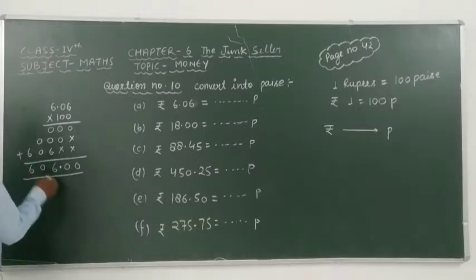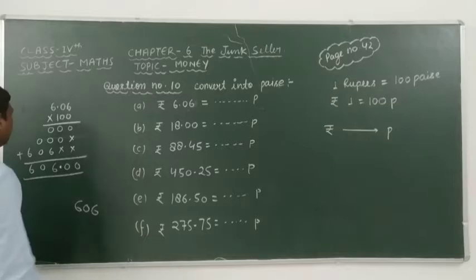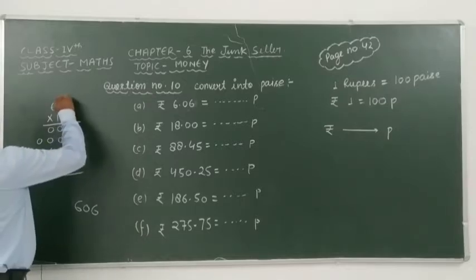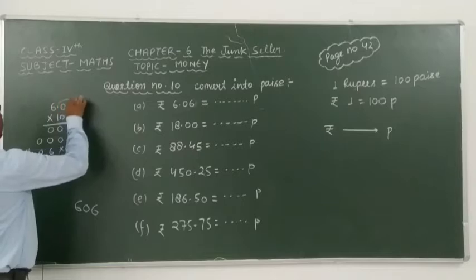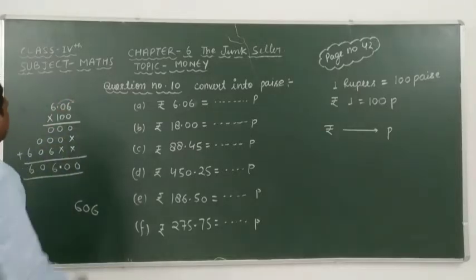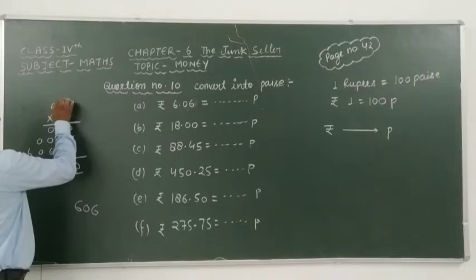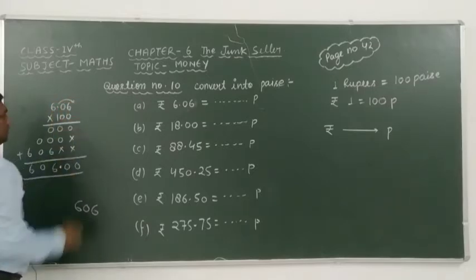Look at here carefully, here we get 606. It means that here we move this decimal point after 2 digit on the right hand side.